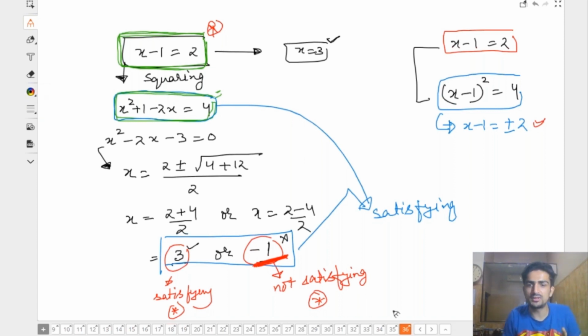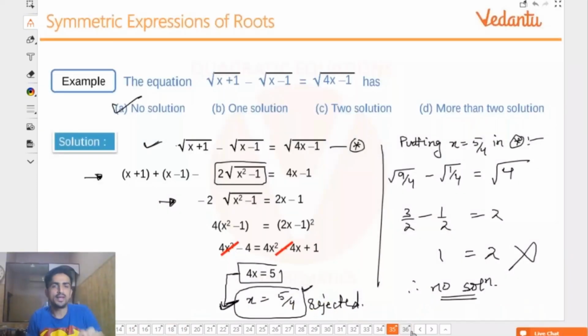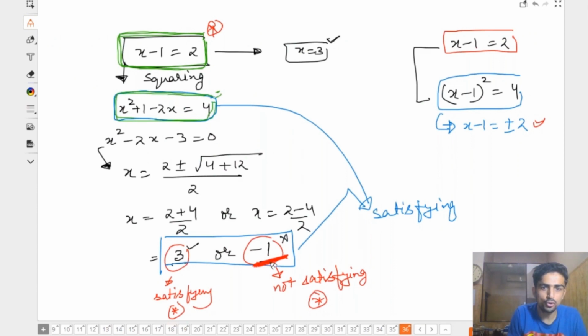So just let me conclude the statement here. Whenever while solving an equation we do squaring, I will not say always, but we might land up having some extra solutions. I'm calling them extra solutions because they might not be the solution of the actual equation. Like here, when I squared, I got two solutions, out of which this was extra.